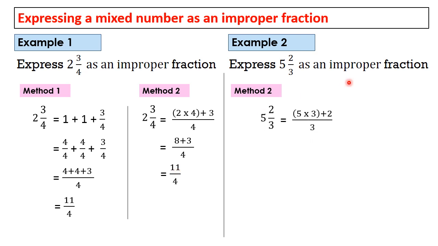So by the second method, 5 2/3 is equal to, as we studied in the earlier example, 5 times 3 plus 2. So 5 times 3, 15, plus 2, 17 over 3. And this is how we convert a mixed number into an improper fraction with two different methods.